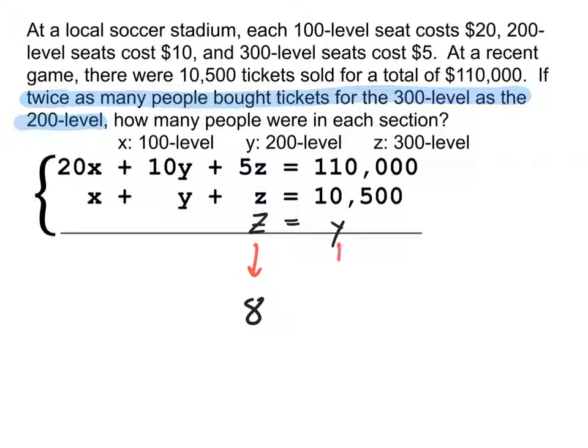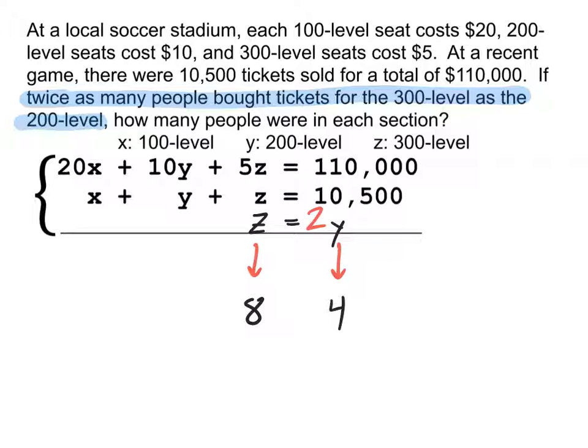So then how many would there be in the 200 level? If there were 8 in the 300, it would have to be 4. And so in order to set them equal to each other, which one am I going to be multiplying by 2? The z or the y?